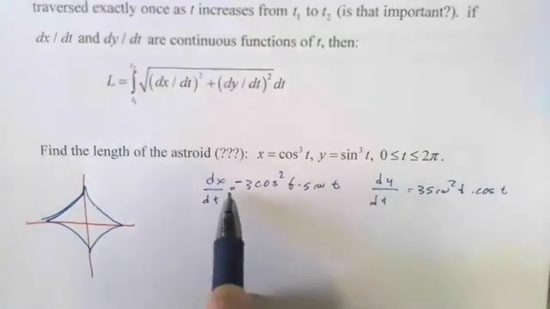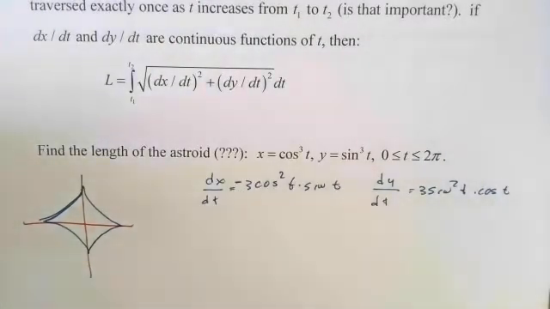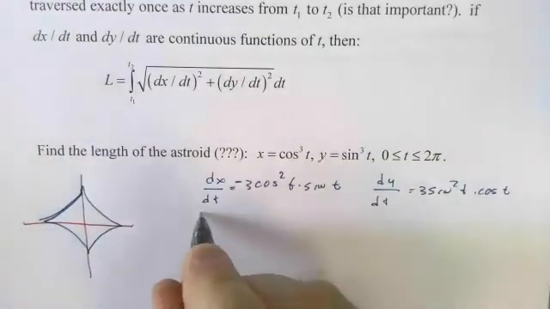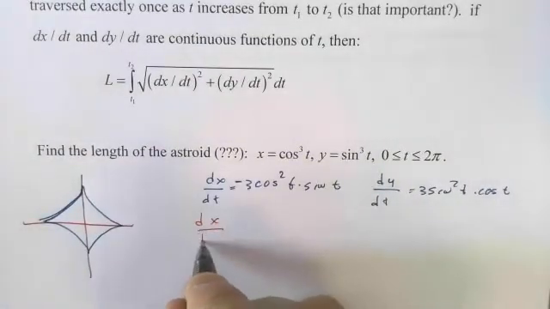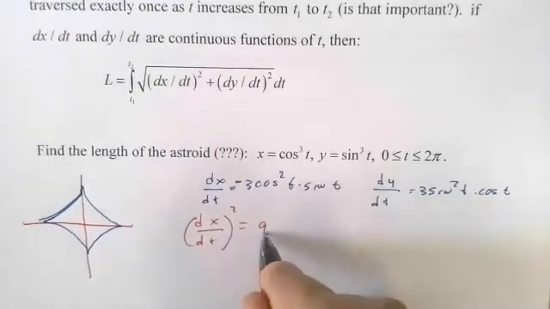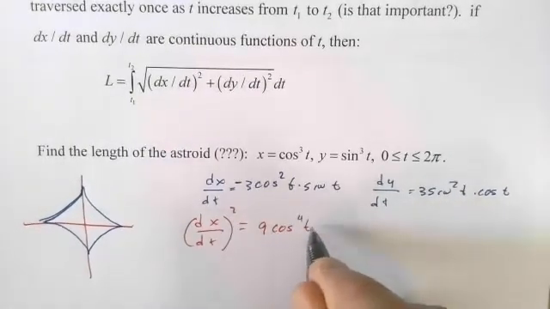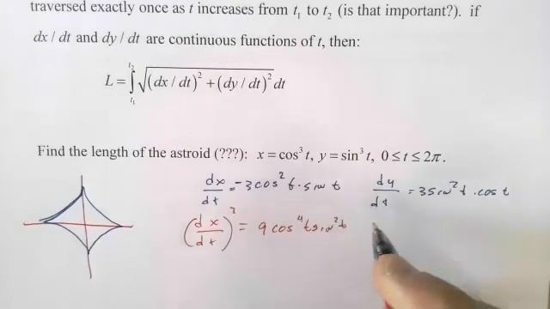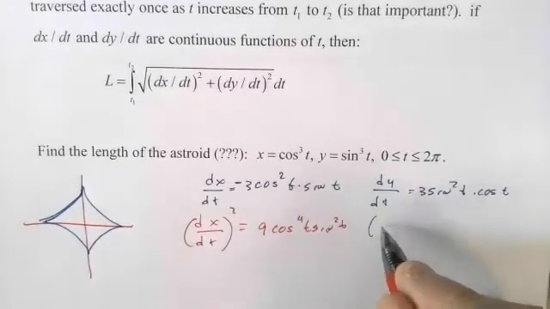I think. Yeah. Okay. Gotta square it. So the negative didn't matter. 9 cosine to the fourth t sine squared t. Square it.